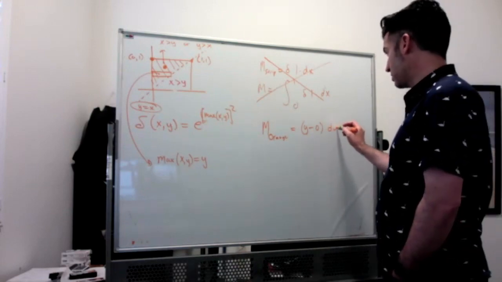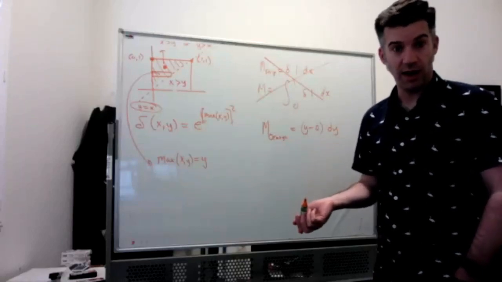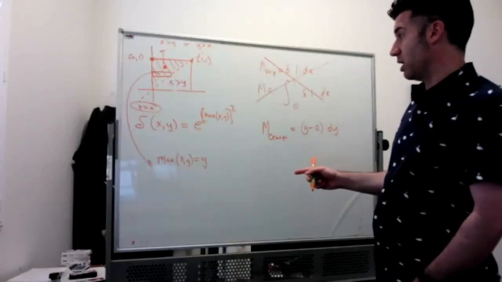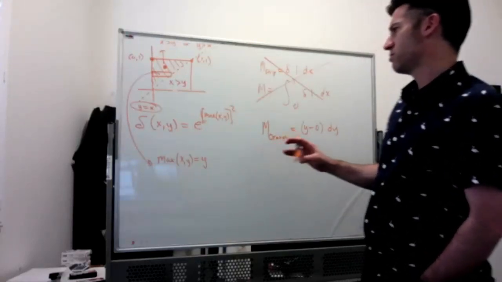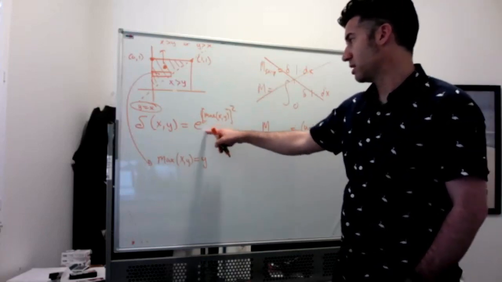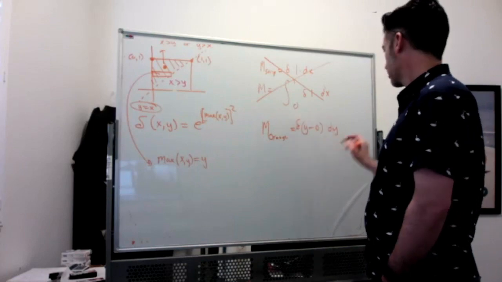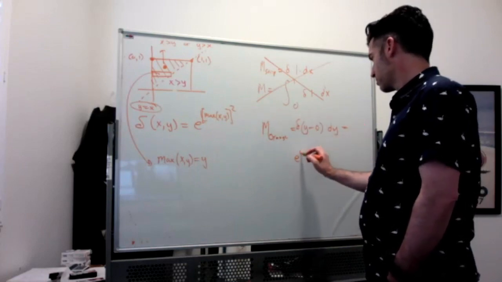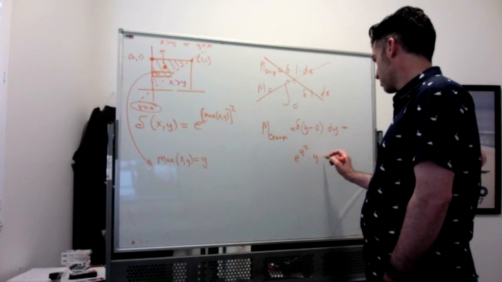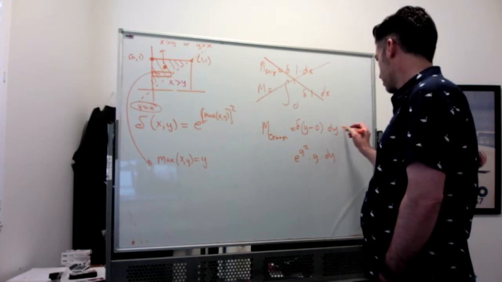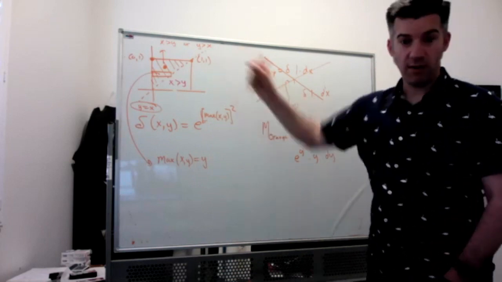There's your thickness, or your width, dy, and your density is just e to the y squared. So that's the mass of that rectangle.